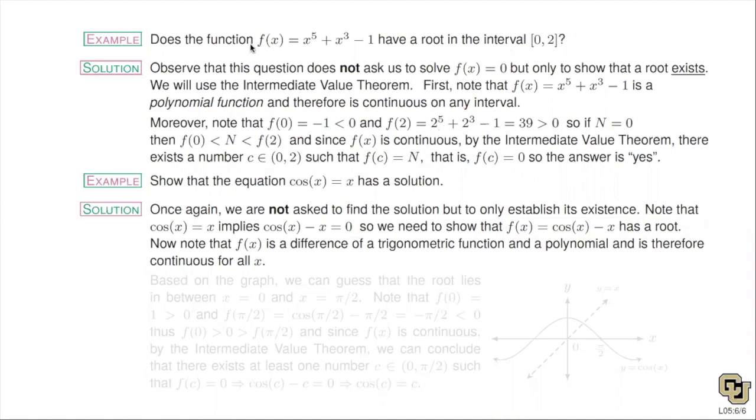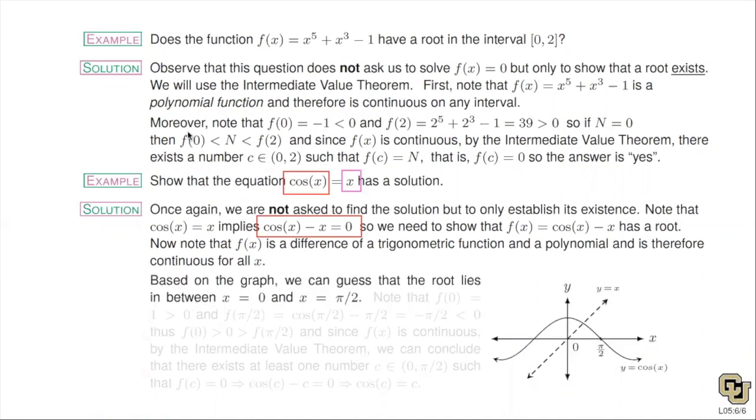So what I'm going to do is graph. I'm not going to graph this function. I'm going to graph cosine of x, and I'm going to separately graph x all on the same axis and just eyeball where the root is. The graph for x you can see is right here, and the graph for cosine of x you can see is right here.